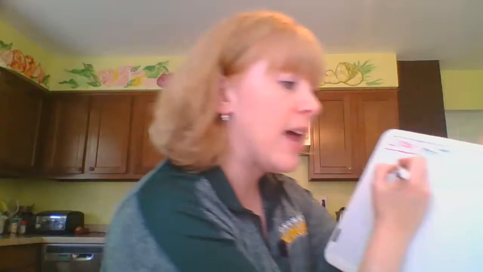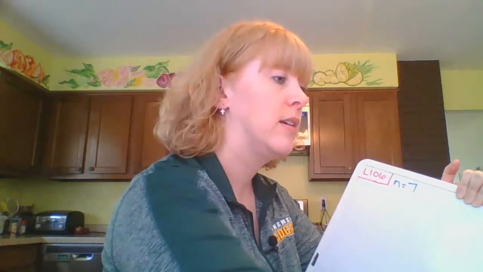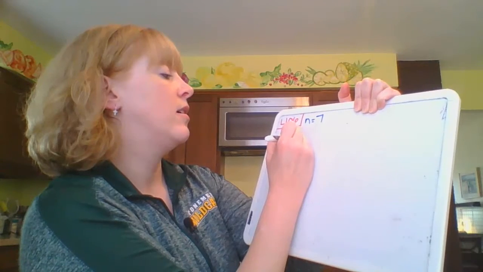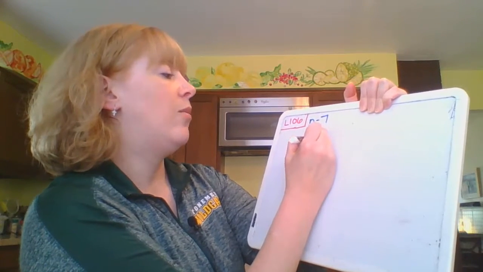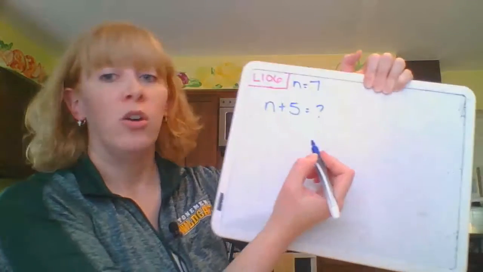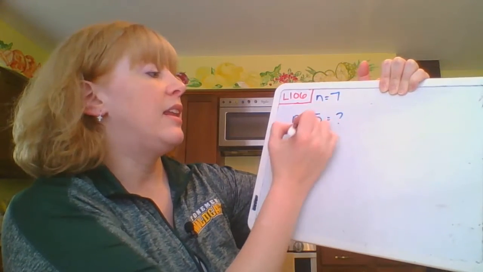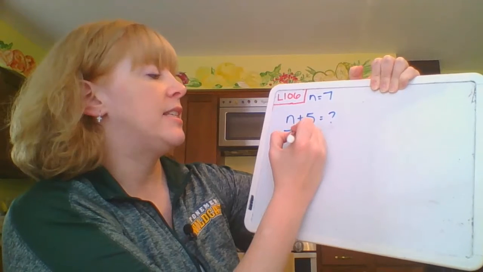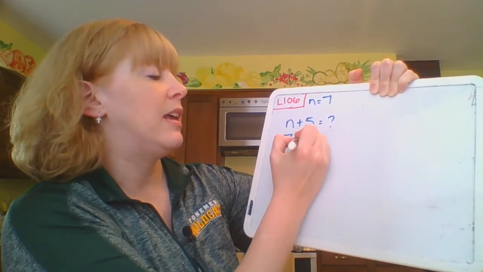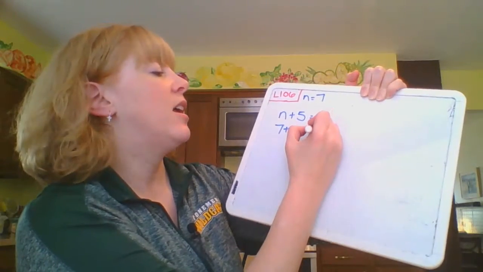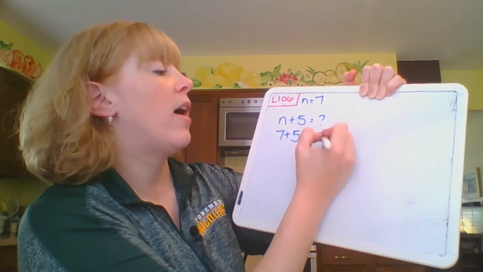The first one is n plus 5. We know that n equals 7, so where there is an n, I am going to plug in a 7. 7 plus 5 equals 12.